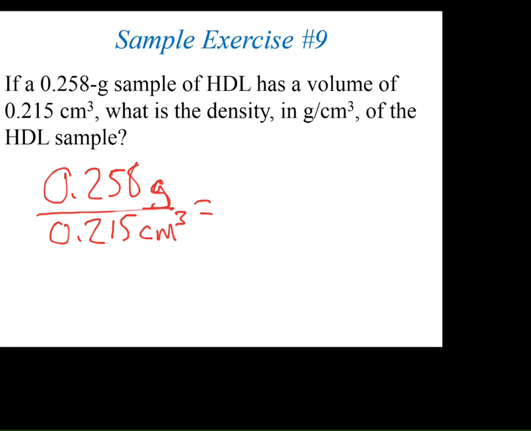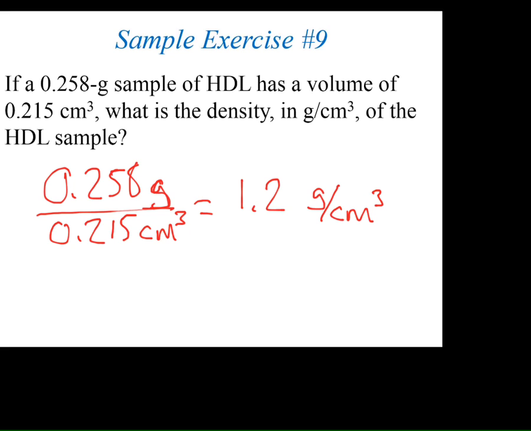That'll give us grams divided by cubic centimeters. So 0.258 divided by 0.215. Okay, so what's the density of these high density fats here? What'd you get? 1.2 grams per cubic centimeter.